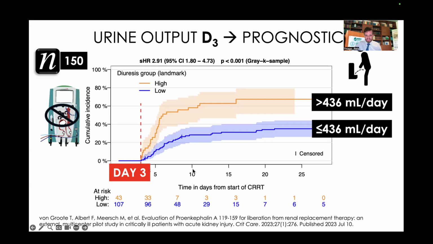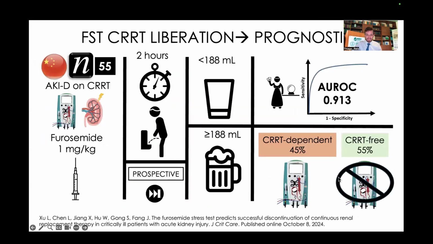So here, for example, at 10 days, patients that on day 3 were urinating more than 400 mLs per day have a probability of being out of dialysis of 60%. For patients that had a urinary output less than 436 mLs per day, in the same 10 days, this was only around 30%. So at day 3, urinary output is a relevant marker for dialysis dependency.